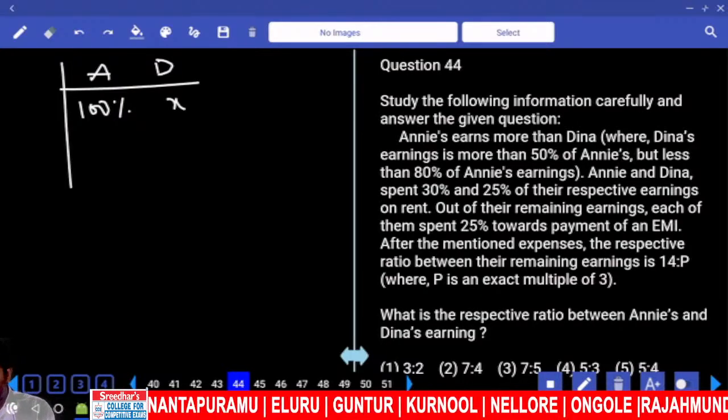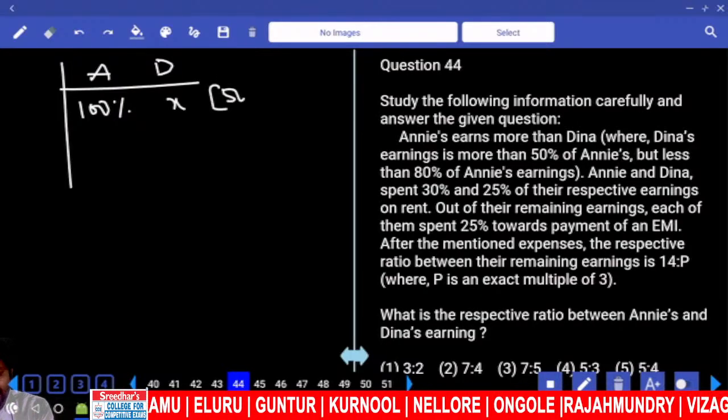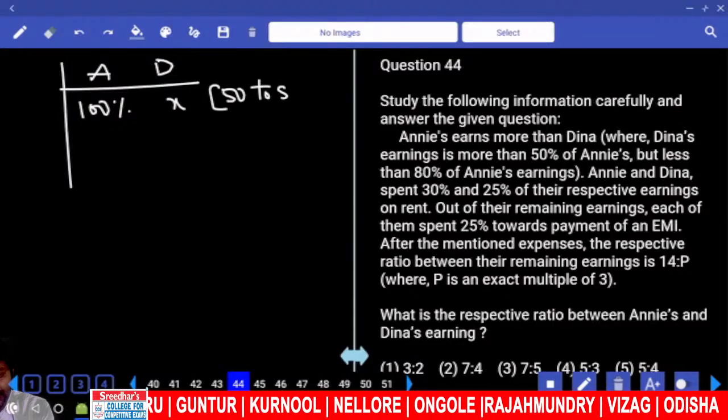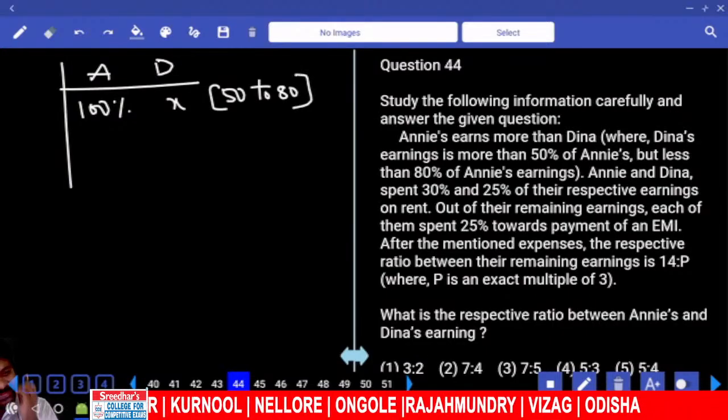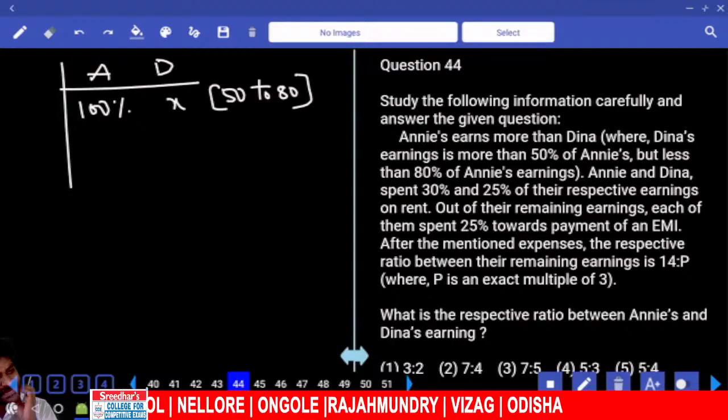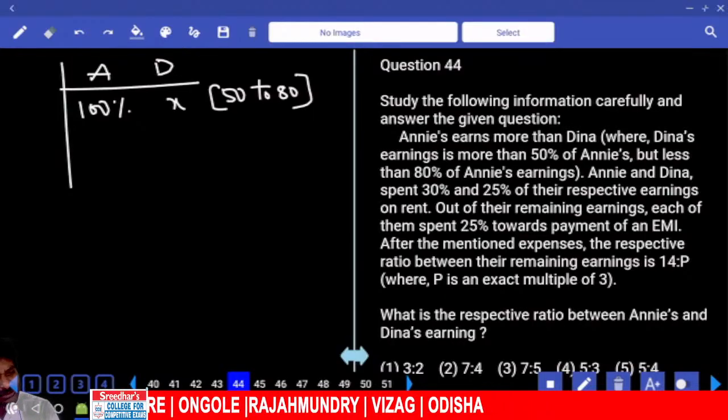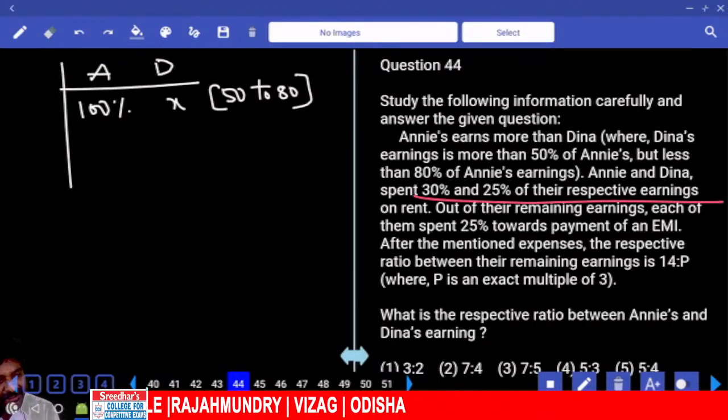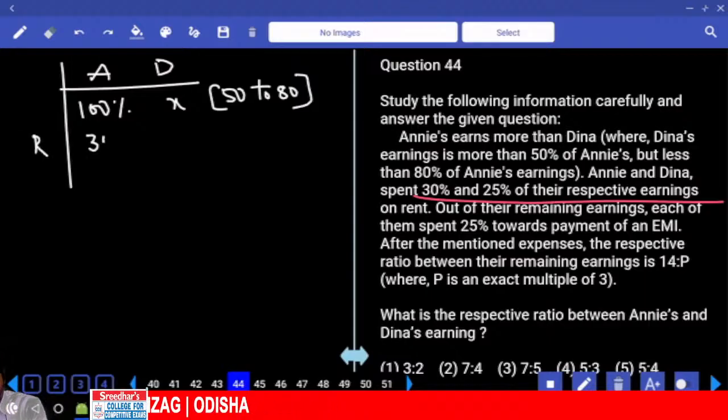X is more than 50 and this is the range between 50 to 80%. These are earnings. Spend 30%, 25% of their respective earnings on rent. Towards rent, 30%, 25% will be X by 4.